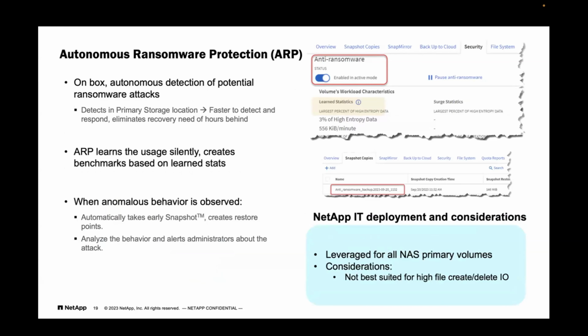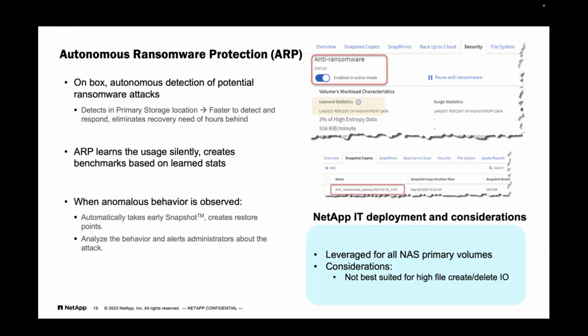There were incidents in the last quarter end where I ran into this problem: it creates a snapshot, ARP suspects it's an attack, it creates a snapshot, and then when the application team wants to delete the volume or revert from a previous snapshot, they're unable to because the snapshot created by ARP locks it.